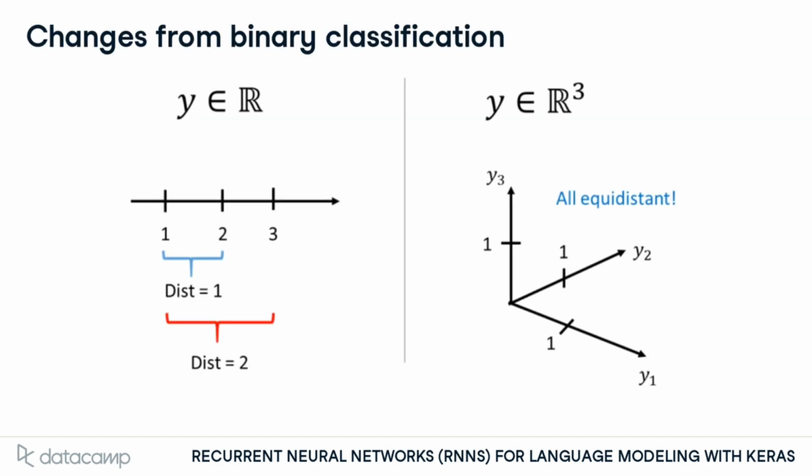One-hot encoding makes all the classes equidistant. If we use numbers as representation for three different classes, it would imply that class 1 is closer to class 2 than it is to class 3, and in many applications this is not the case.